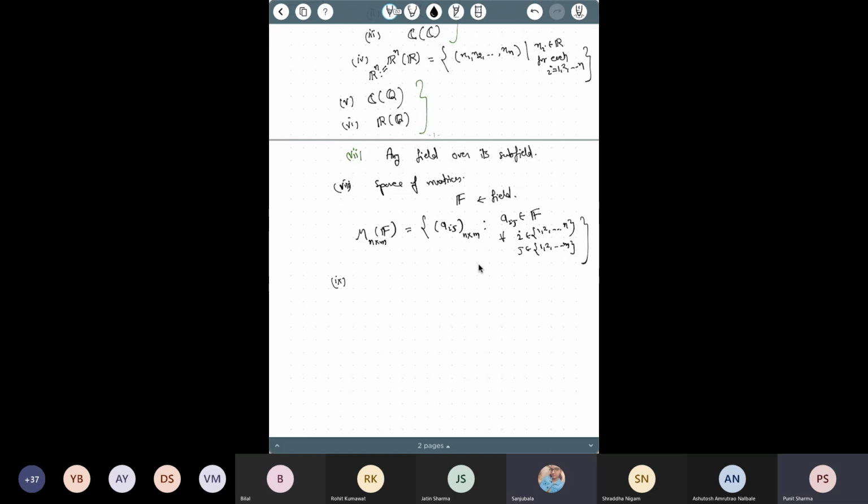When its transpose equals itself, A equals A transpose. Okay, so you are saying space of symmetric matrices.